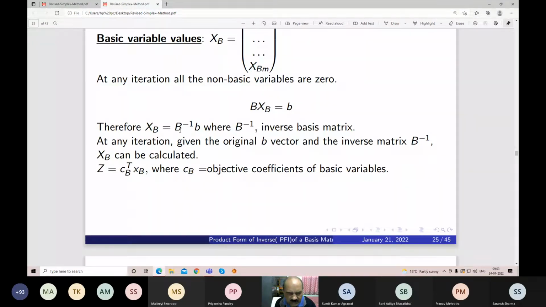So if you are changing one column, the B matrix is changing and its inverse is also changing. With respect to that, our XB vector is changing. So many changes are there, so we'll discuss by means of some example.